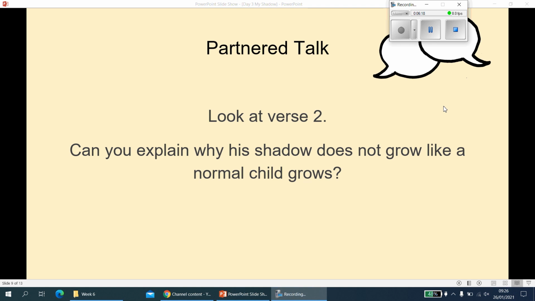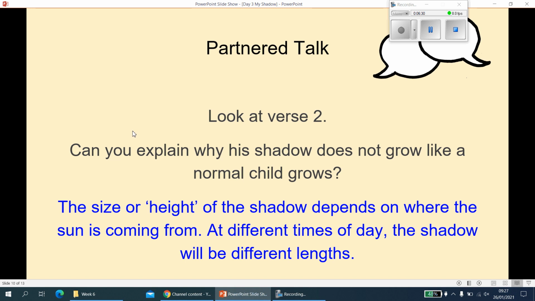Okay then, so you had to use some of your scientific knowledge for this and your knowledge of shadows. If you don't know much about light and shadows, you might have found this question quite challenging. The reason that the shadow does not grow like normal children is because the size or height of the shadow depends on where the sun is coming from, and at different times of day, the shadow will be different lengths.